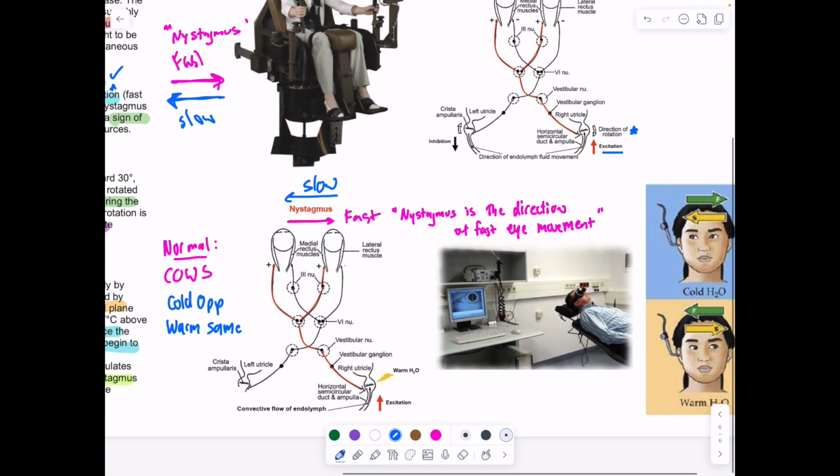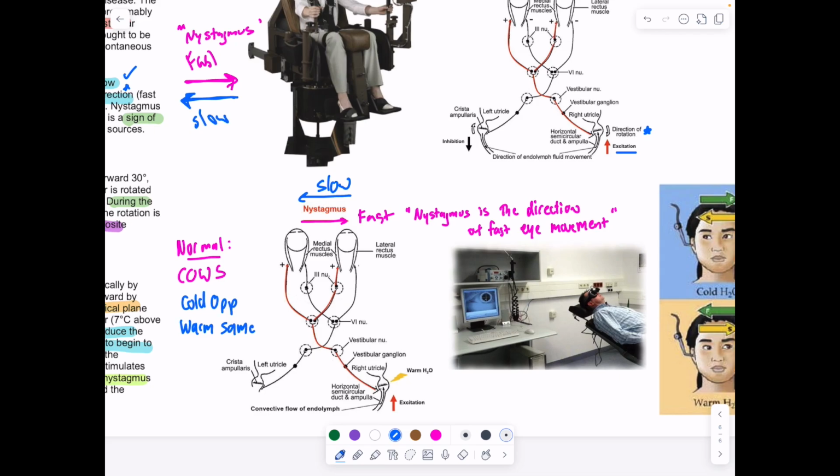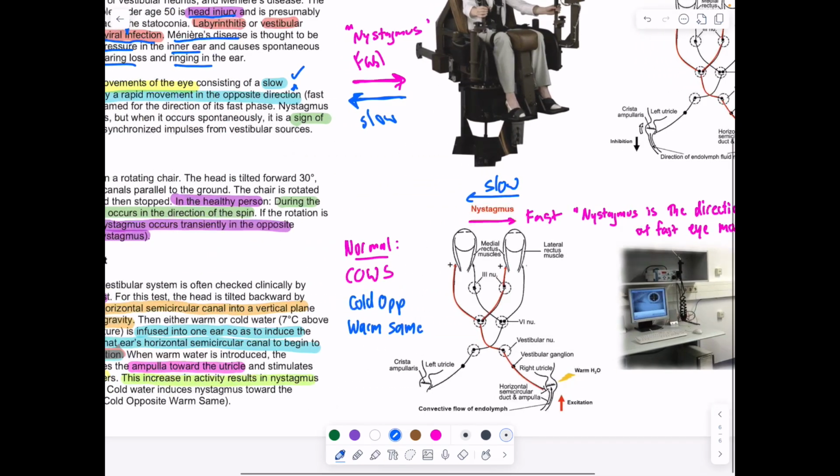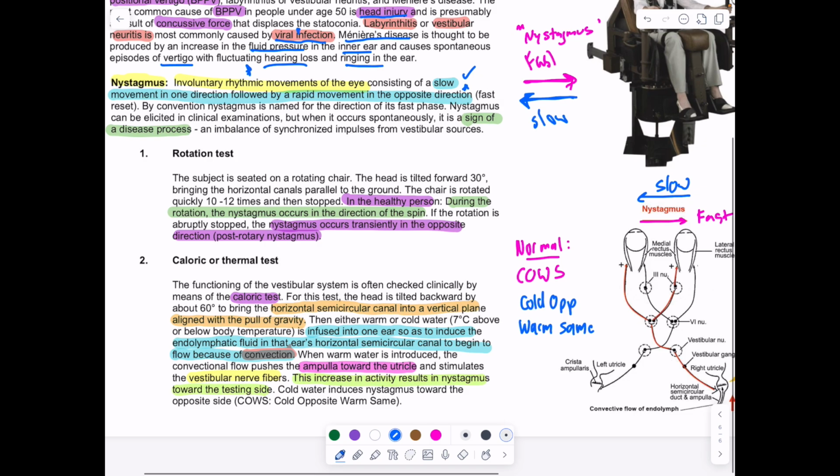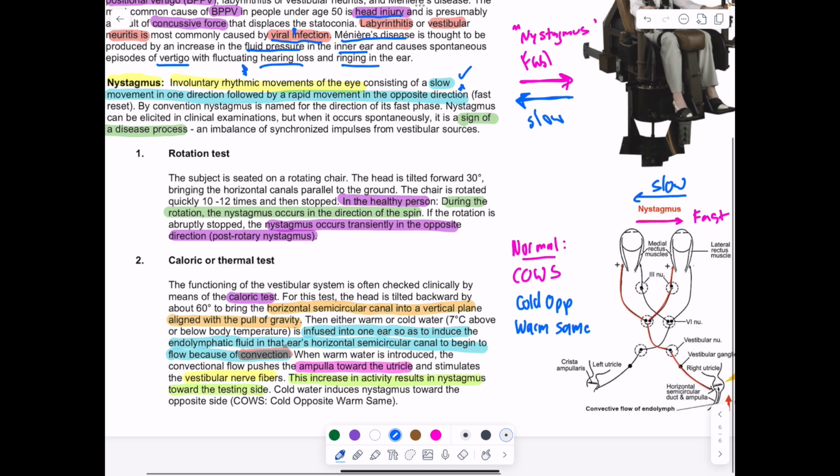Then there's another test called the caloric or thermal test, and the idea is that you tilt the guy backwards, and then you put some warm water or cold water into the ear canal. Remember, hot rises, cold sinks, right?